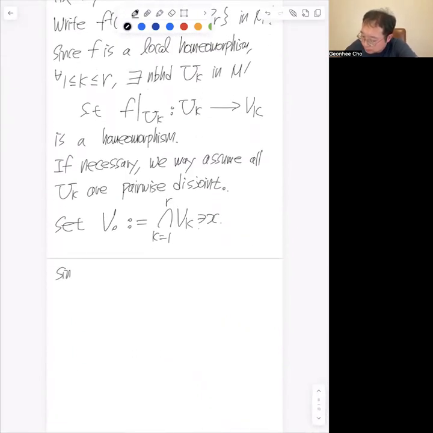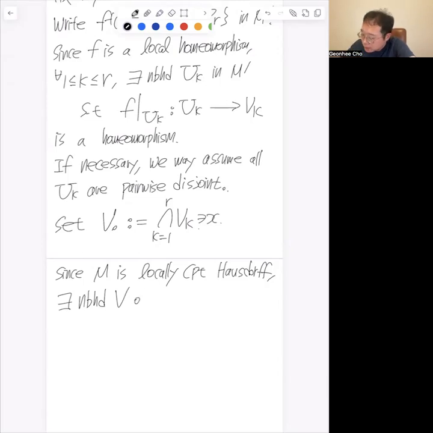Since M is locally compact Hausdorff, we are able to find a smaller neighborhood V of x, such that x is a point inside V, and the closure of V, collecting all of the limit points of V, belongs to V naught.